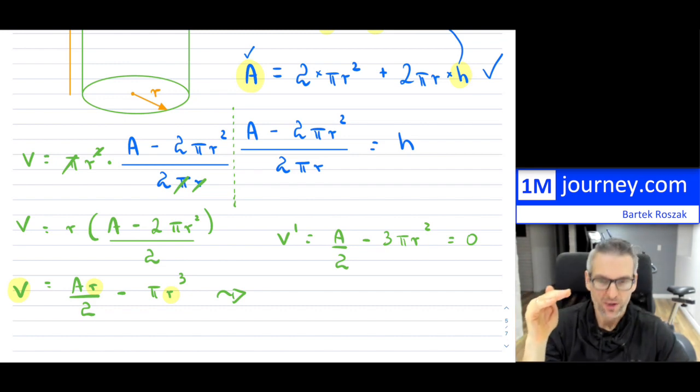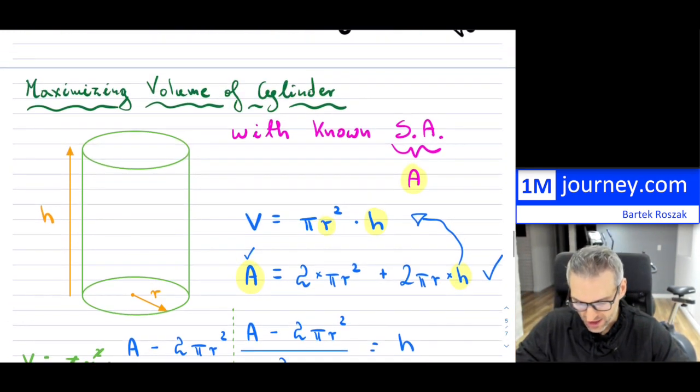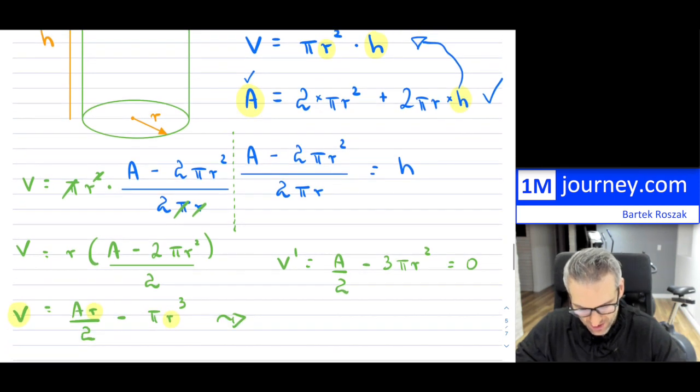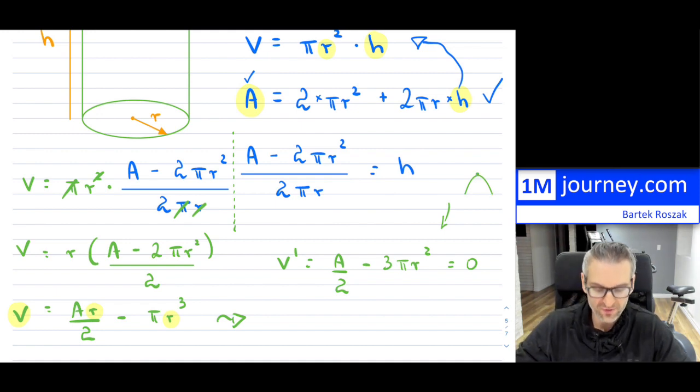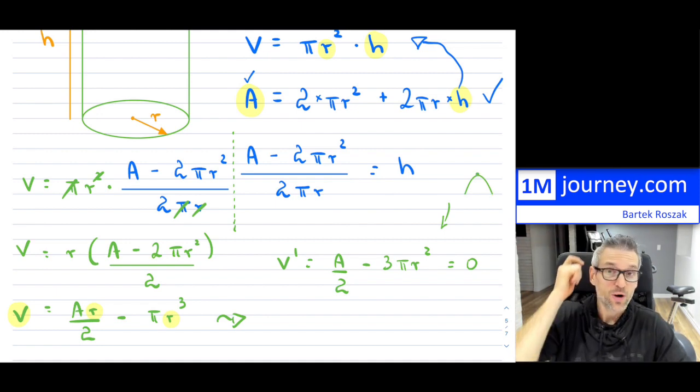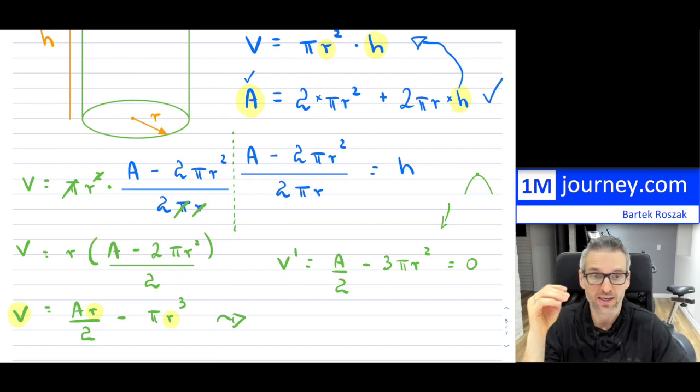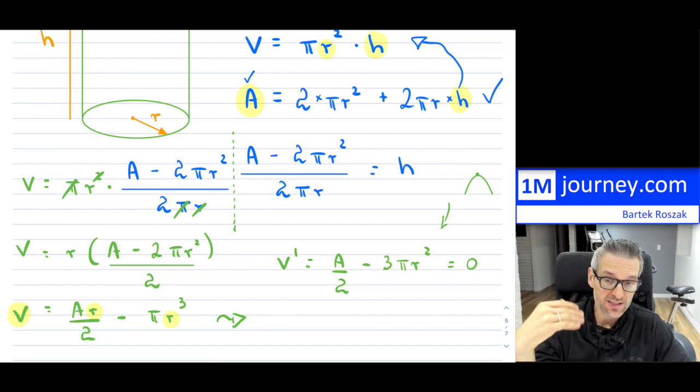And in this case, we're trying to maximize this. So wherever this R is, since we're maximizing, we want to see that it's concave down like this. Concave down, we know how to test that, because that is our second derivative.